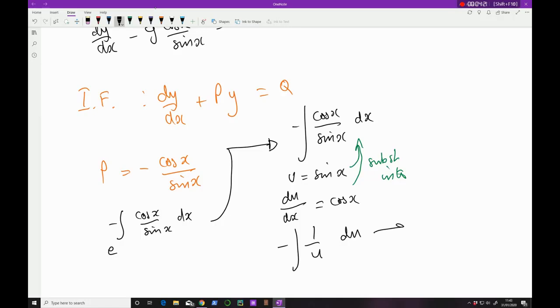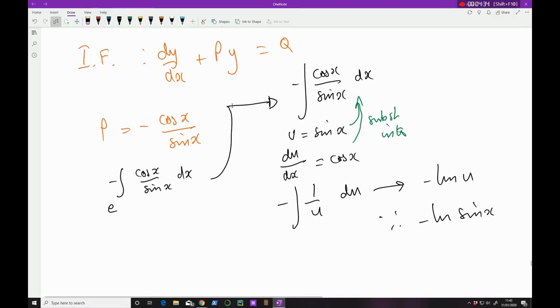That is easy to integrate because it just resolves into ln u, which when you substitute sin x back in, is ln sin x.